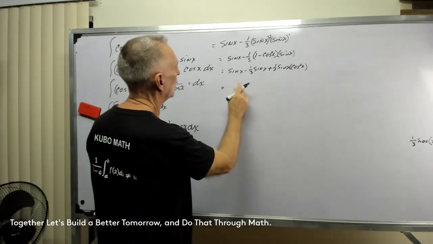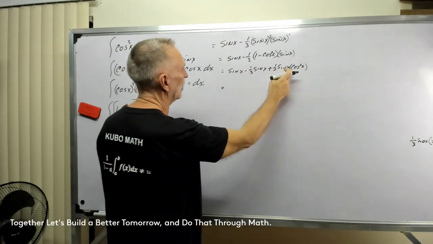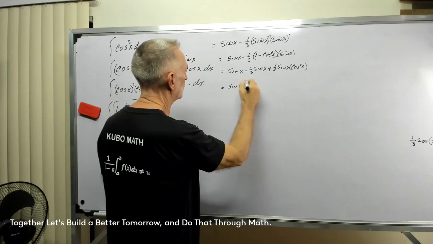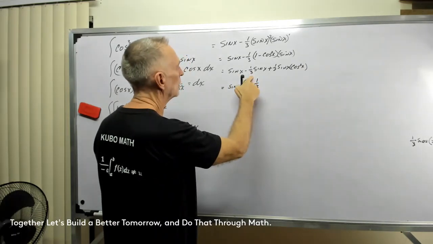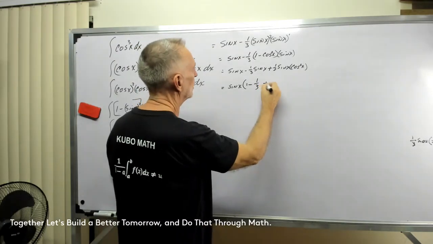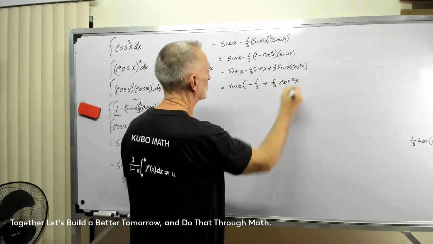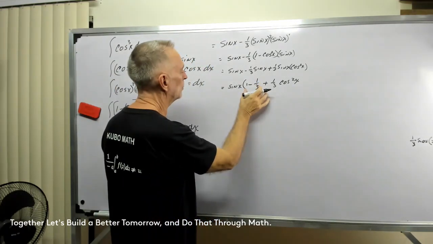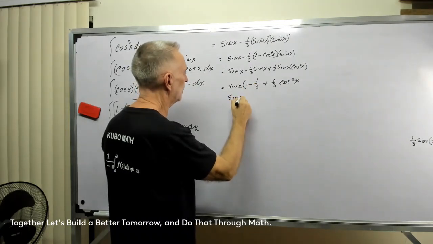Well, let me factor out a sine x, as I have one in each term. Sine x times 1 minus 1/3 plus 1/3 cosine squared x. Well, 1 minus 1/3, we can take care of that.